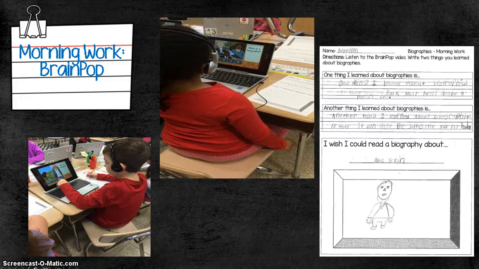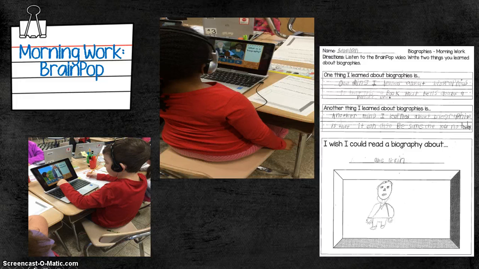So in this case, you see students watching a Brain Pop on biographies. This was a reading lesson that we were going to be doing where the students would be introduced to biographies. They had never learned about biographies before, so instead of watching this video as a whole group together on the carpet, I assigned it as morning work, and the students watched it on their own, and they recorded 2 things that they learned about biographies from the video, and then they wrote a little piece about who they would like to read a biography about.